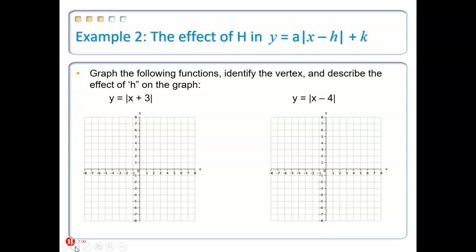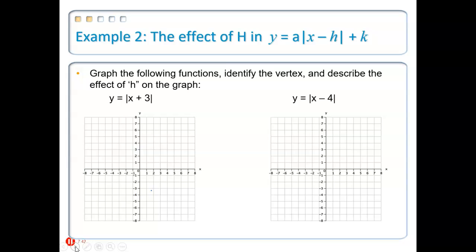Okay, now let's look at the effects of h on a graph. We're going to identify what the h value does. In this first equation, we have y equals the absolute value of x plus 3. It's important to recall from yesterday that the equation is y equals a times the absolute value of x minus h, plus k.